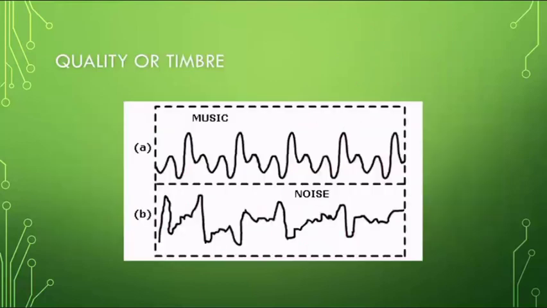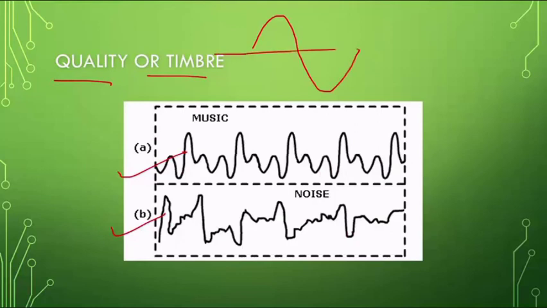Then the quality or timbre of a sound. Quality and timbre are the same thing. Why is this music and why is this noise? If I have a wave generated smoothly, there is even displacement of particles. So that is a sound wave with good quality, or that's music.